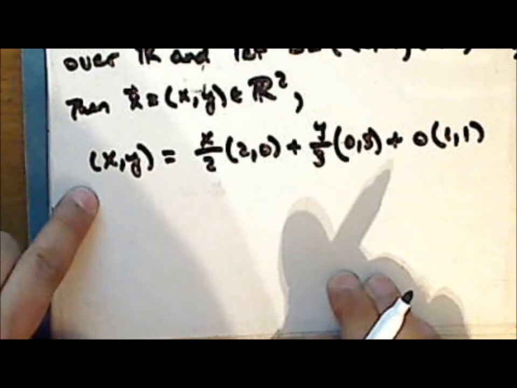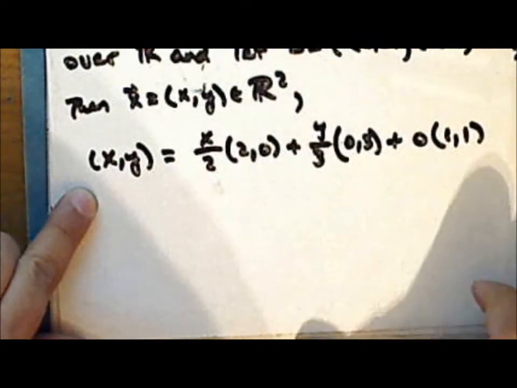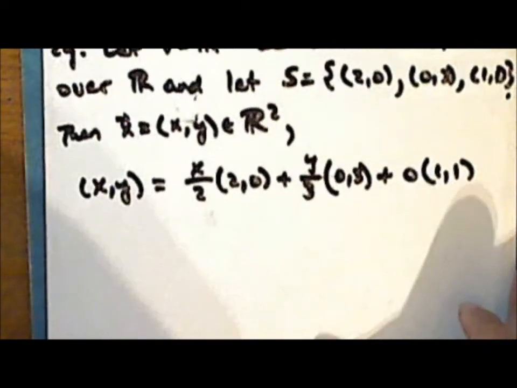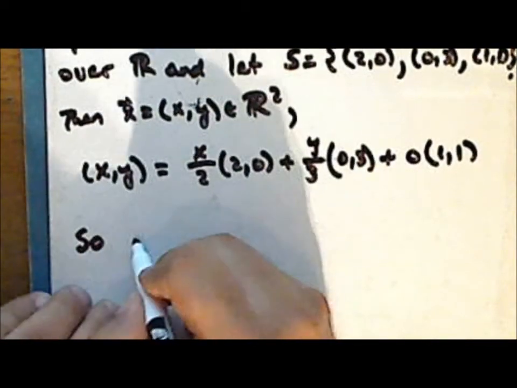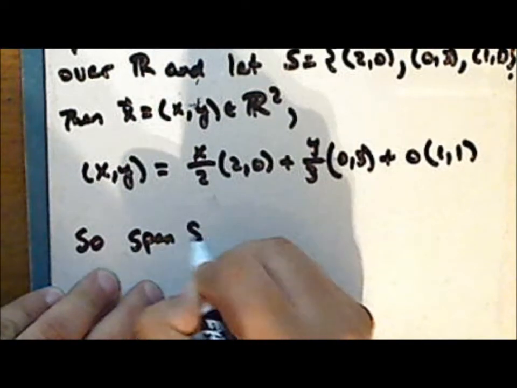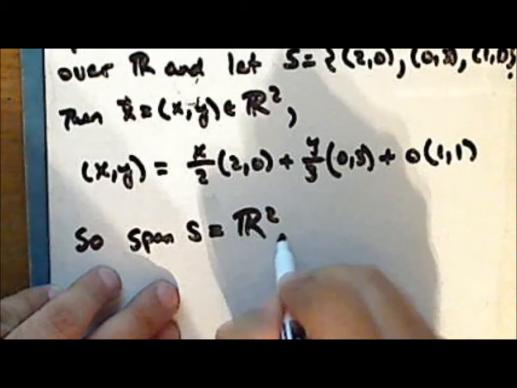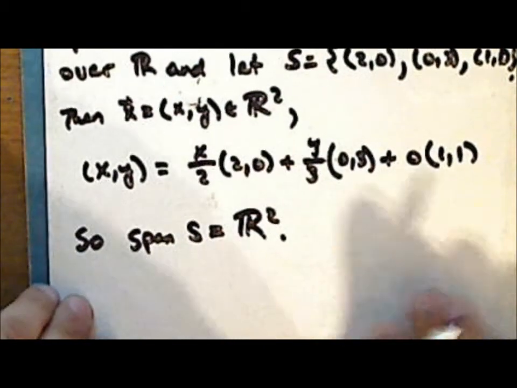So every vector in the plane is a linear combination of the vectors in the subset S of vectors. And so span S is the vector space, which is the plane. All right?